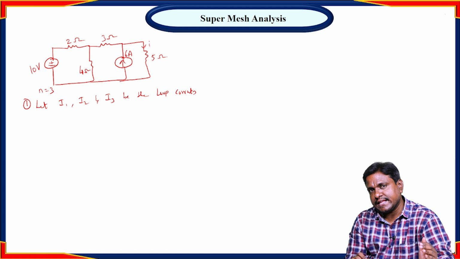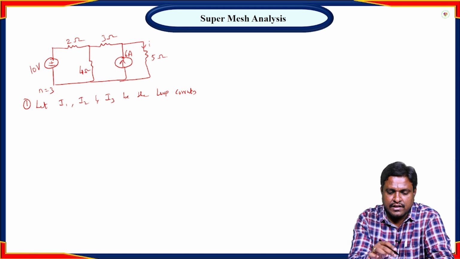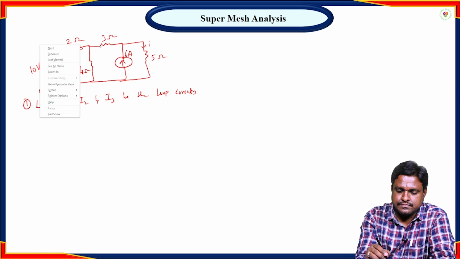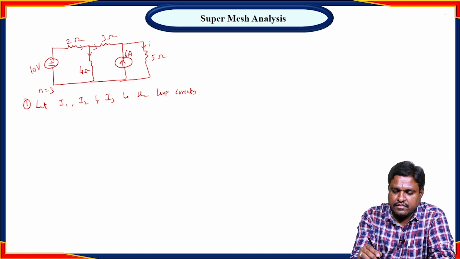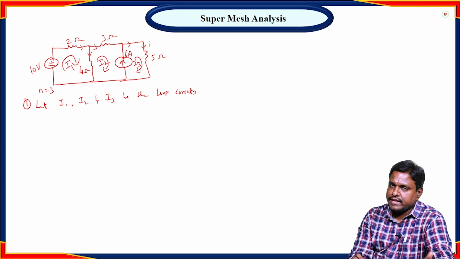Here again we have to indicate the loop currents. Taking the first source as the reference, the current flows from negative to positive in this direction. So the current divides here. All loop currents I1, I2 and I3 are taken clockwise. So I have indicated the loop currents.